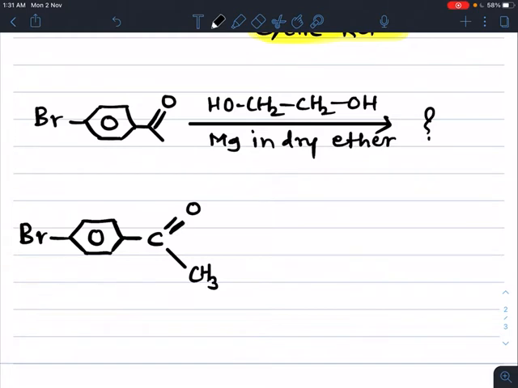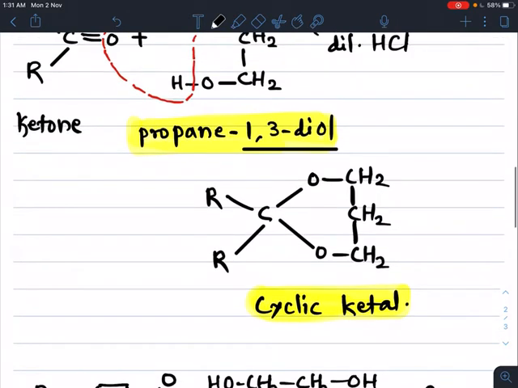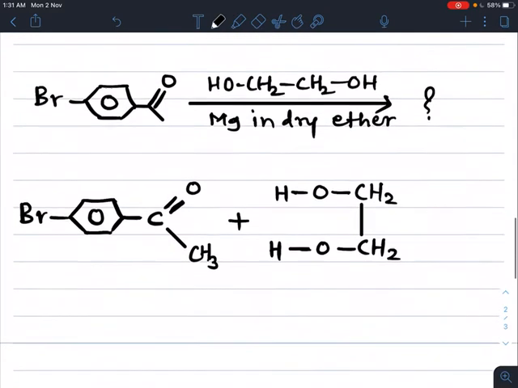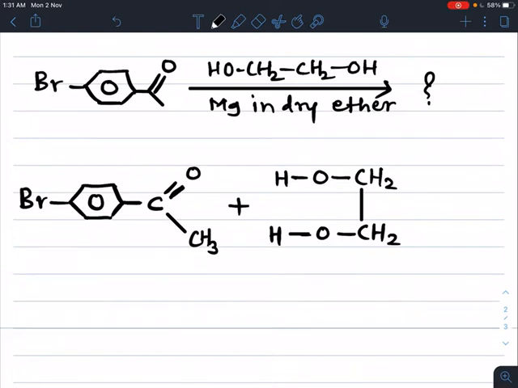When it undergoes an addition reaction with ethylene glycol, we can write this ethylene glycol in this form, CH2OH bonded to CH2OH. Now the replacement takes place, so removal of water takes place. Here also in this reaction removal of water is there, so we must write the balanced equation.